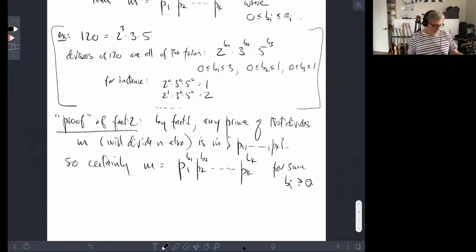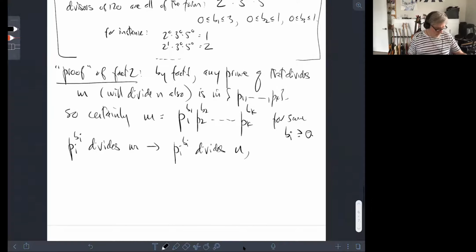All right. So why are the exponents no more than the ai? Hopefully that's intuitively clear. Finally, Pi to the Bi divides M implies Pi to the Bi divides N. Where am I going with this? Well, it means that N can be written as Pi to the Bi times other primes.